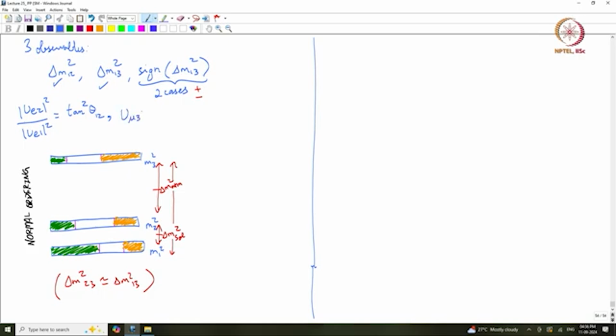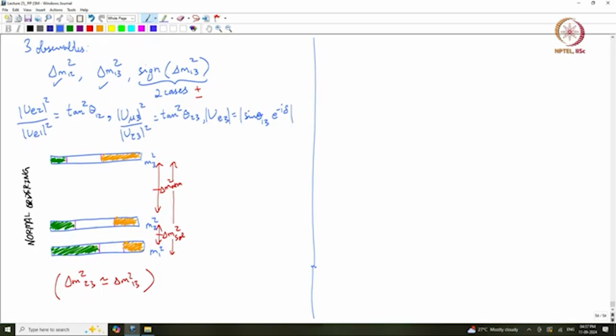Similarly, we have this for the mixing between 3 and 2, and finally U e3 is just sin theta 13 e to the power minus i delta. If I take the modulus, I can get rid of the phase.